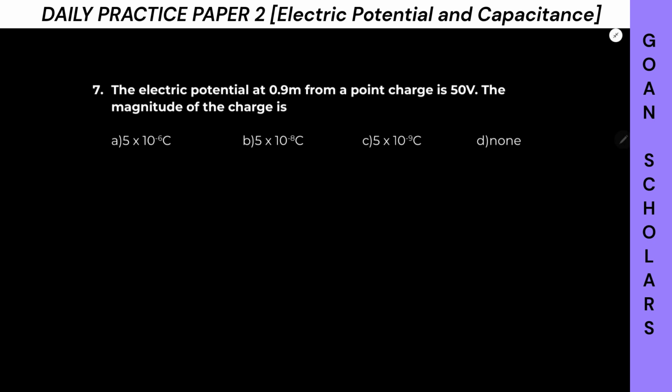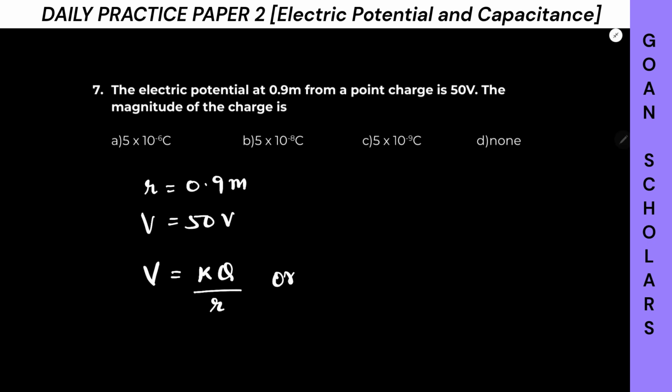Question number 7 says, the electric potential at 0.9 meters, so R is equal to 0.9 meters, from a point charge is 50 volts. The magnitude of the charge they are asking. So we know that V equals KQ by R, or taking everything on the other side, Q is equal to V into R upon K. So let's substitute here.